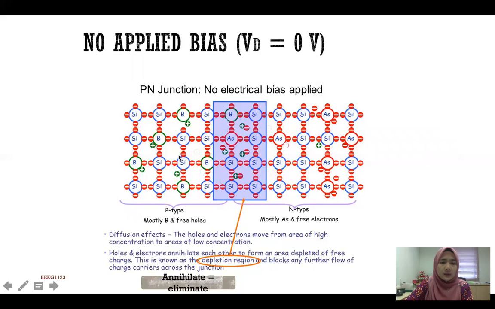So you can see this is the P material, this is the N-type material, and in between you will have the depletion region. This is the basic concept of a diode that we already explained before. If no VD or no bias is applied, you have the P-type and N-type materials combined together, and you will have a depletion region in the middle.